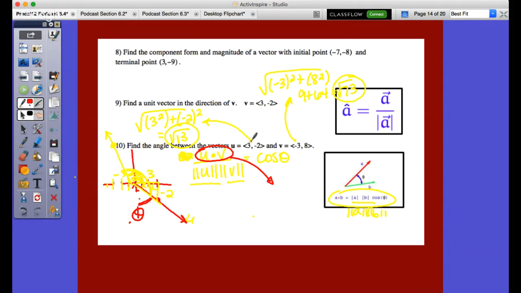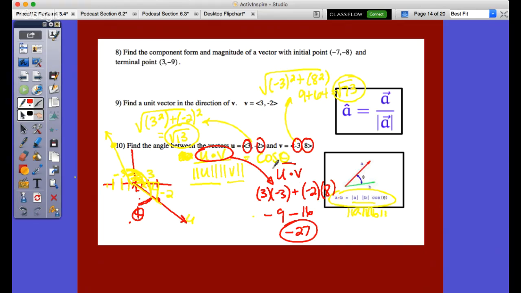Remember, the dot product is the x's multiplied together plus the y's multiplied together. So this would be 3 times -3 plus -2 times 8. So this would be -9 minus 16, which would be -27 (as spoken). And that is the dot product of u and v.